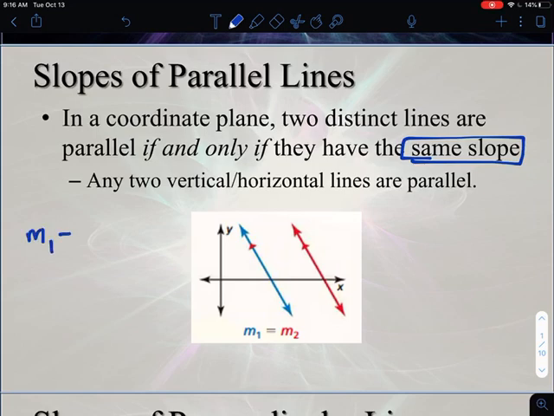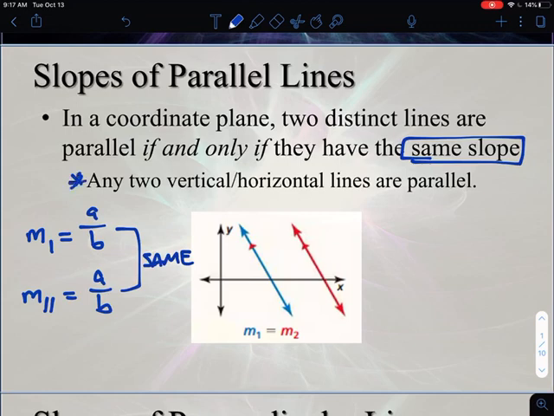So basically, if the slope of line 1 is some slope a over b, then my parallel slope would be a over b. They're going to be exactly the same. Okay? So parallel lines always have exactly the same slope.